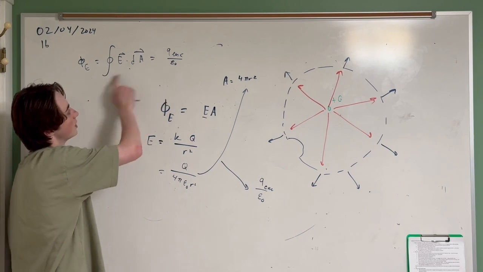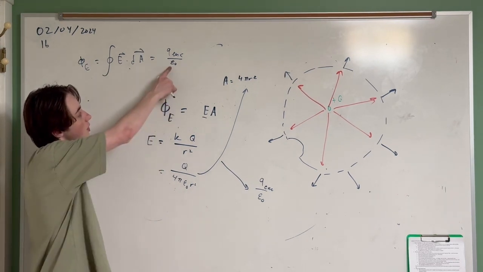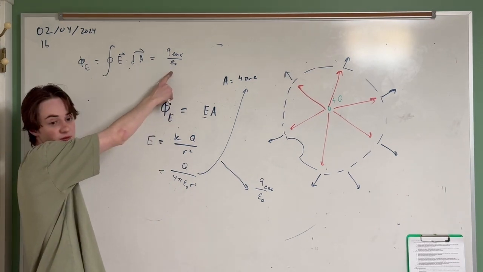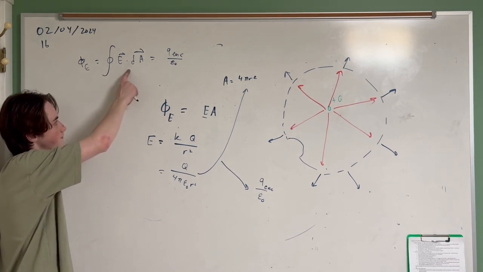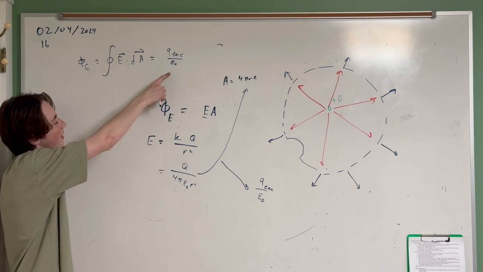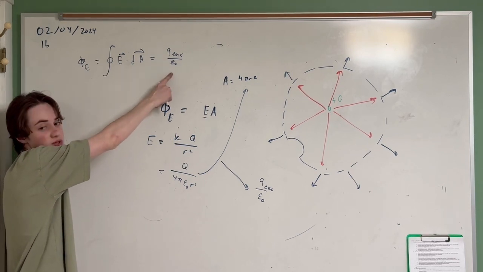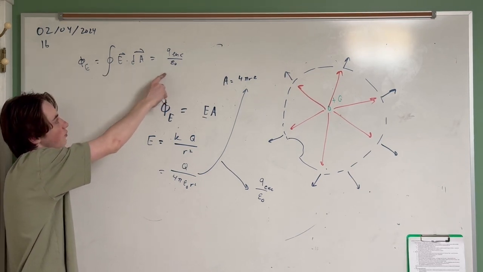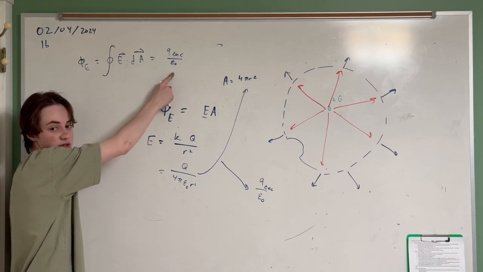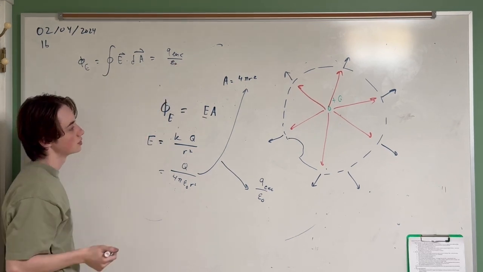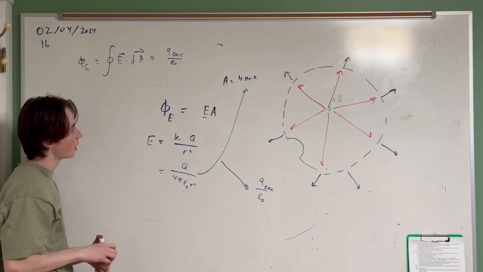So this formula applies everywhere. It's not typically that you'd be using this formula when you can't use Q enclosed. Typically you'd be solving for properties of electric field and area with this electric flux value, Q enclosed over epsilon 0.